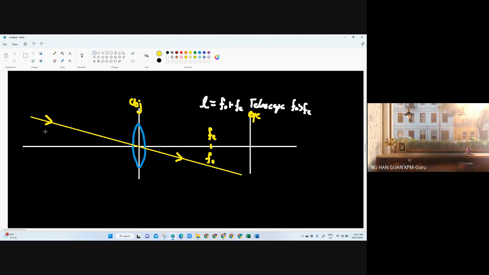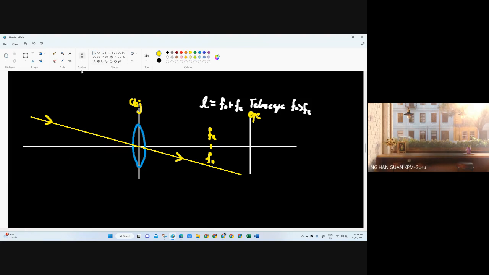We draw the parallel ray passing through the focus point first, and after that continue to the position of the lens. This focus point must be the same as the FO shown in your diagram, so you must know the correct position for it. From the other side here, the FO will be here. This is our FO.